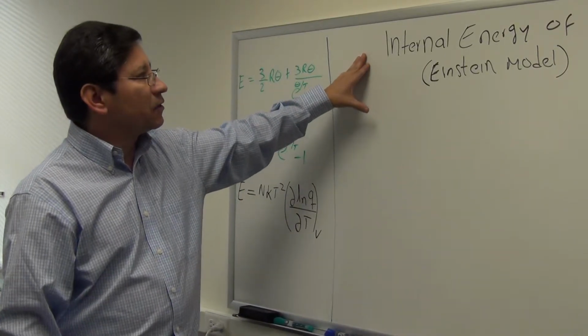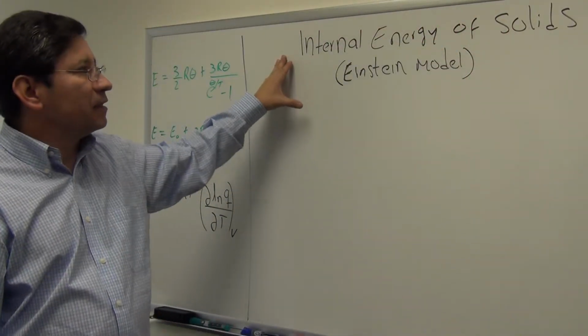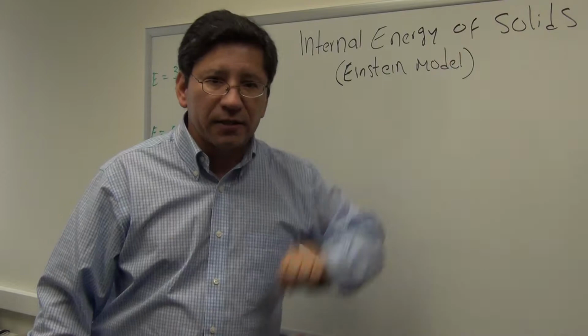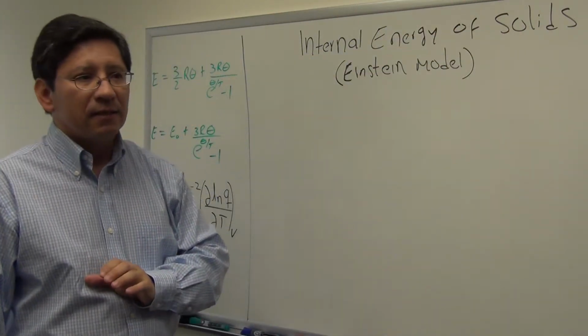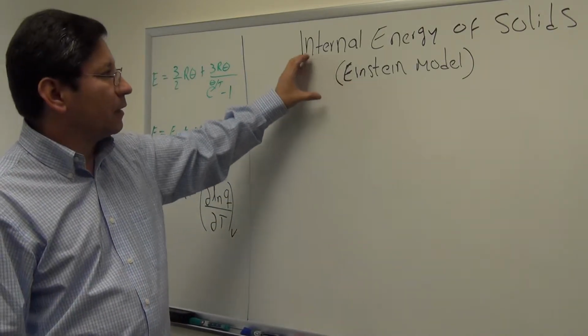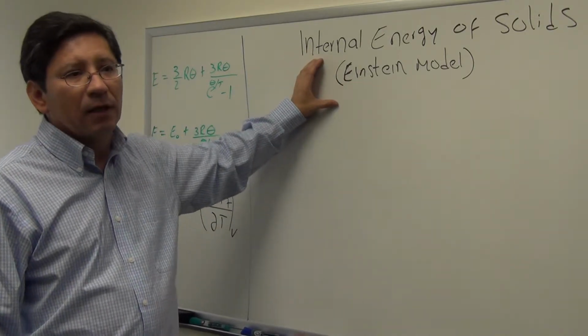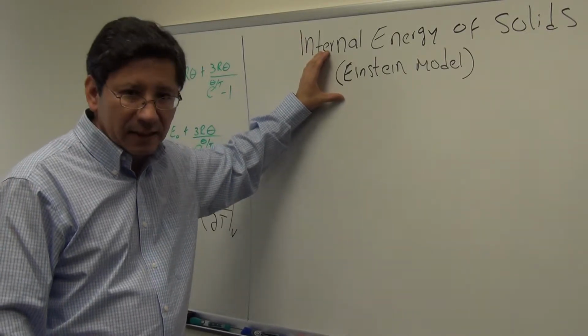The real system is going to be solids. We want to determine the internal energy of solids. Now, these solids will be represented by the Einstein model. There are many other ways to represent it, but we are using a particular representation of solids, the one given by Einstein.